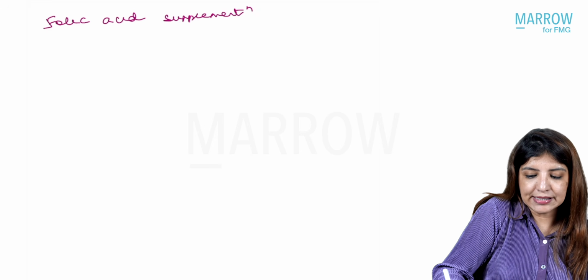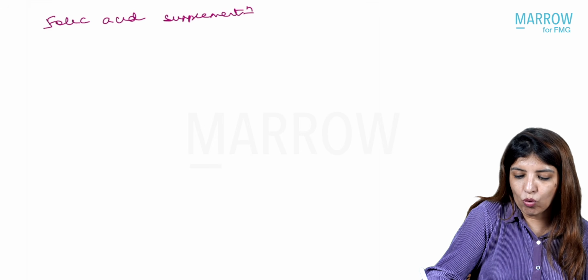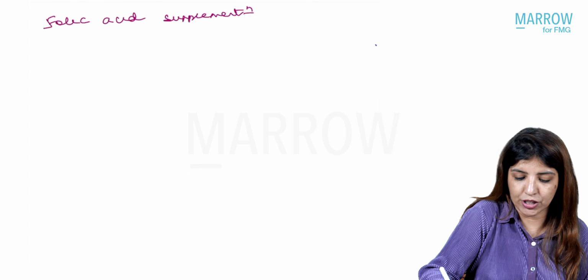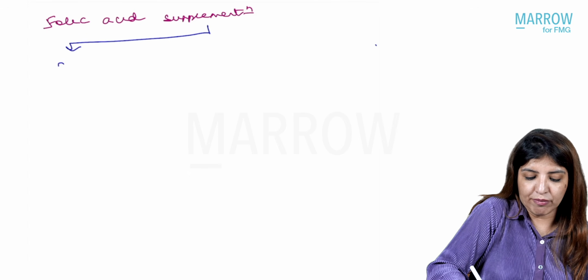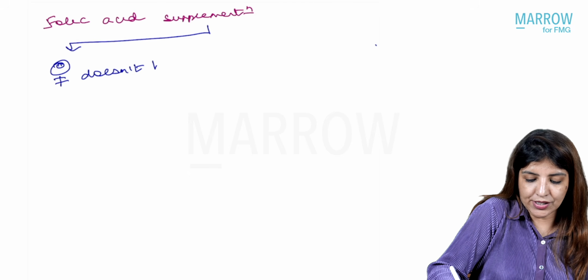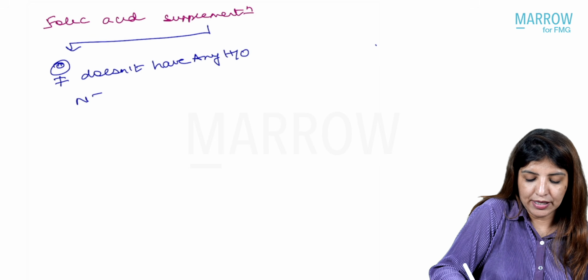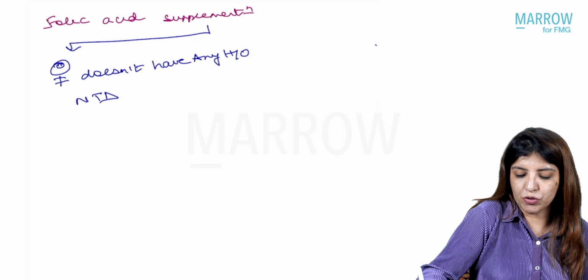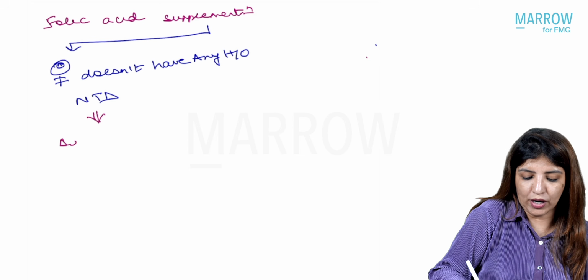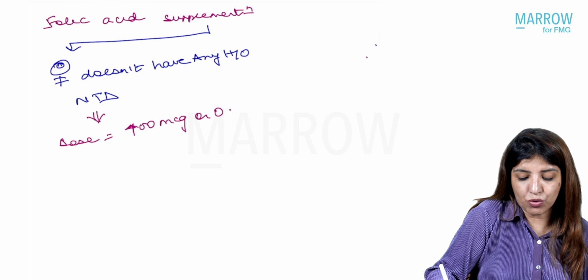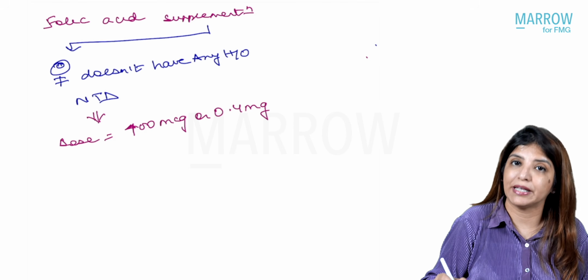Now, folic acid supplementation is done in all pregnant females and it has to be done in the preconception period. So, if a pregnant female doesn't have any history of neural tube defect, then the dose of folic acid which you have to give is 400 micrograms, or you can say 0.4 milligrams.